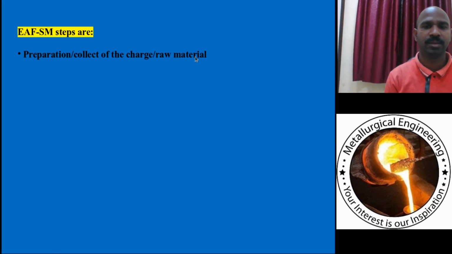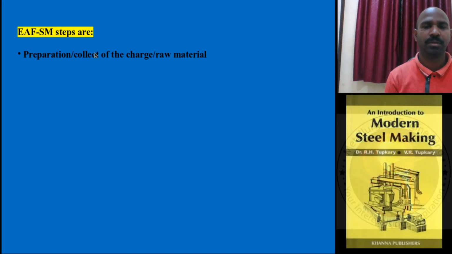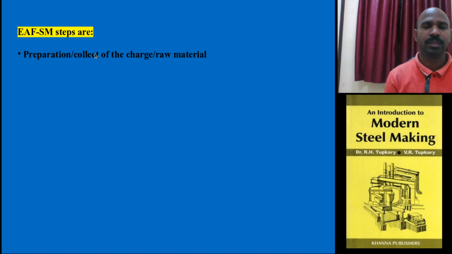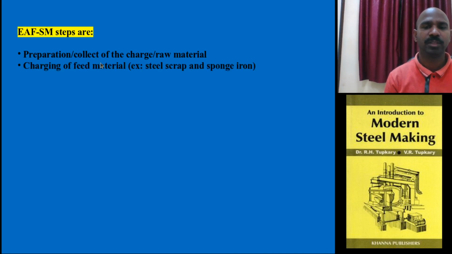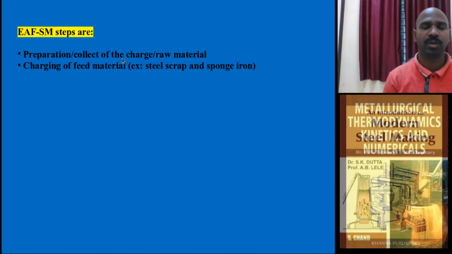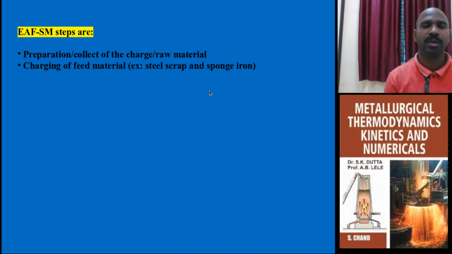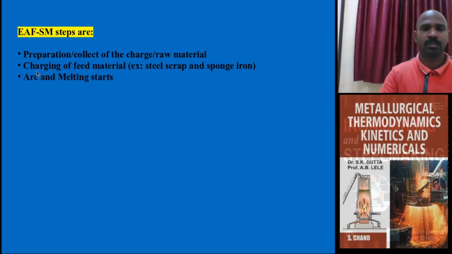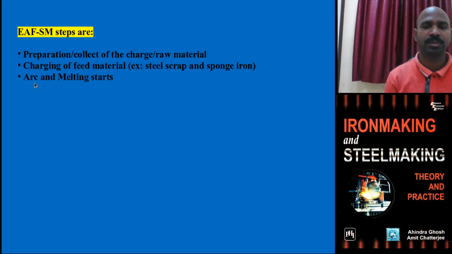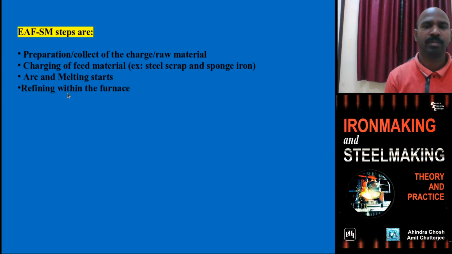All of these first need to be collected based on the capacity of the electric arc furnace. Then the charge material, such as steel scrap and sponge iron, is fed into the furnace, the arc is produced in the AC based or DC based furnace, and melting starts.